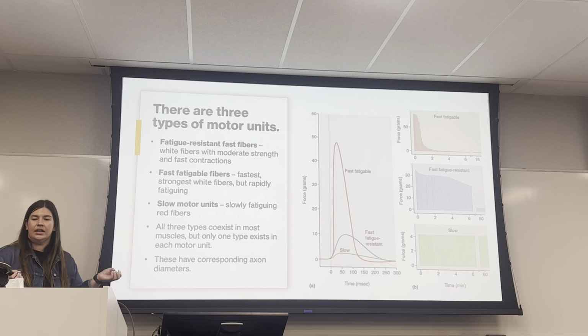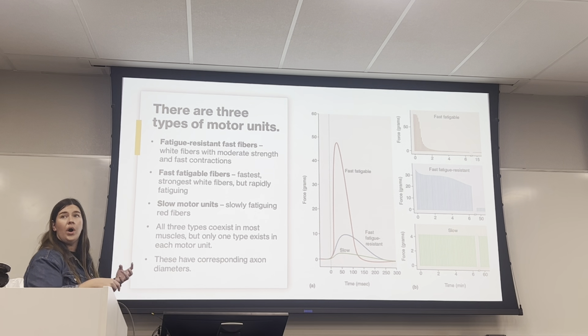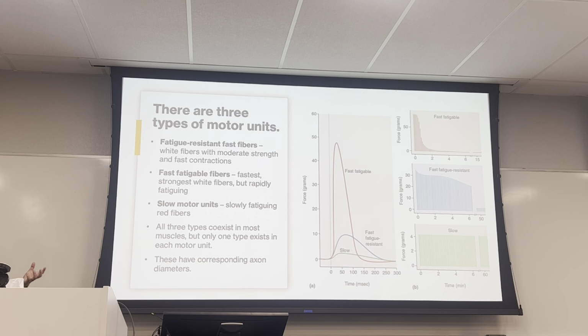They can maintain that level of contraction, here you see time in minutes, for quite a long time without fatiguing. That's in contrast to our white fibers, which don't have the same properties of being able to resist fatigue for so long.